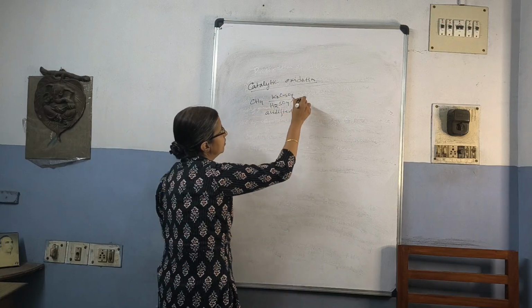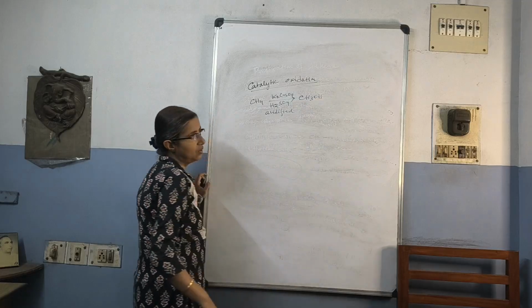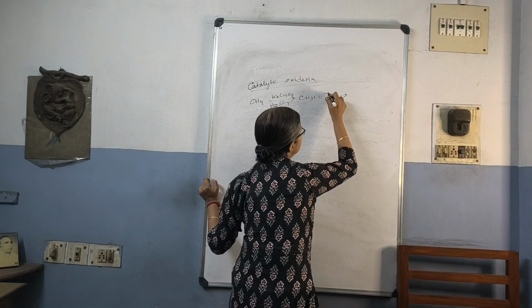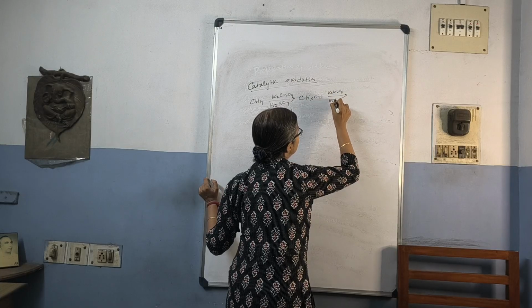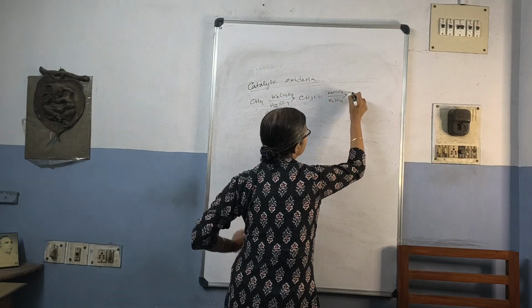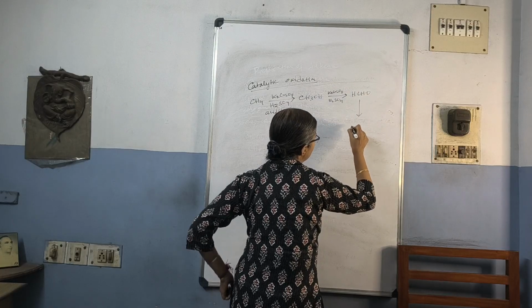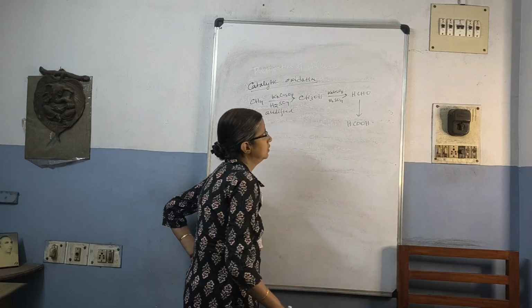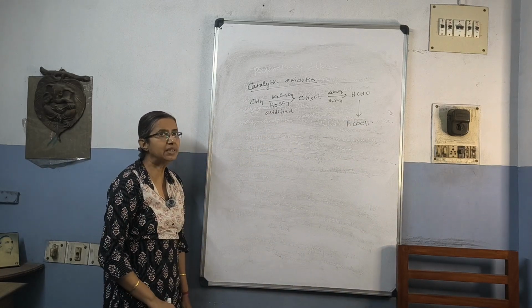We will get the product CH3OH, that is alcohol. Then with K2Cr2O7 and H2SO4 again, we will get formaldehyde, then we will get formic acid. So these are the stepwise oxidation products of methane.